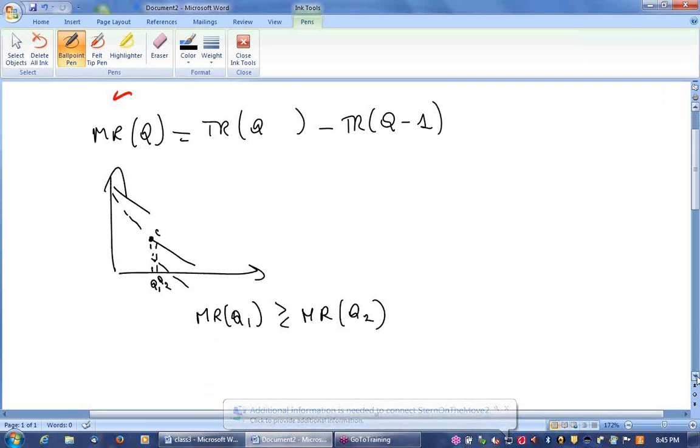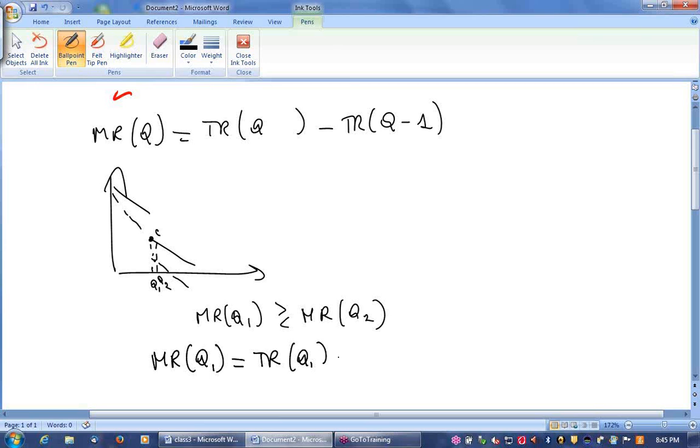So we will compare the difference in total revenues between these quantities. The marginal revenue from selling the extra unit Q1 is equal to the total revenue from selling Q1 minus the total revenue from selling Q0. What is on the graph?